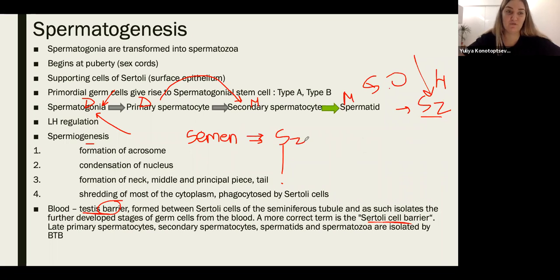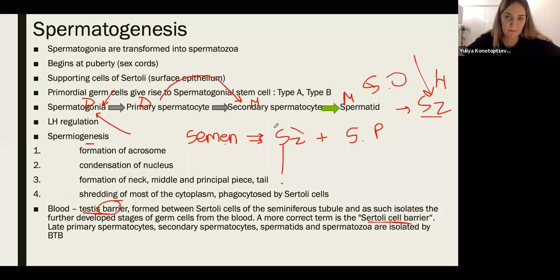That's the most important thing, right? These spermatozoa are floating in a fluid known as the seminal plasma. So semen is two things together: spermatozoa plus seminal plasma.